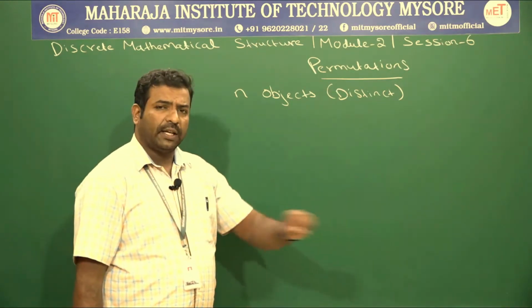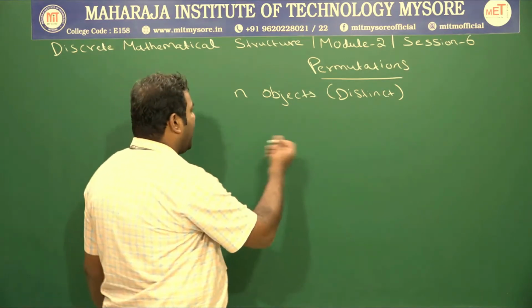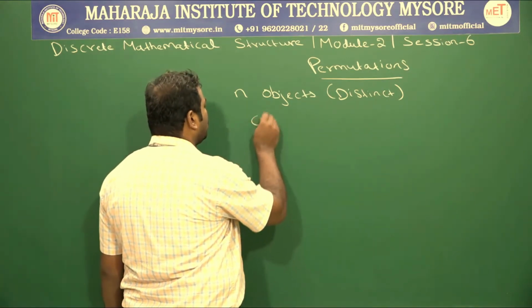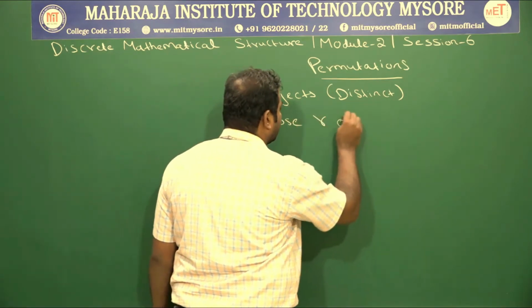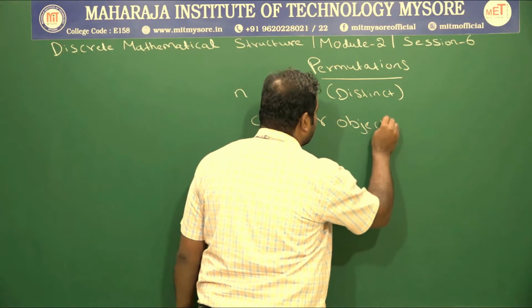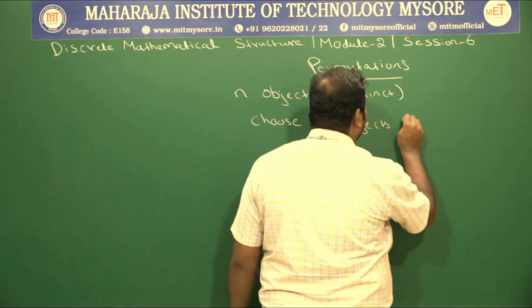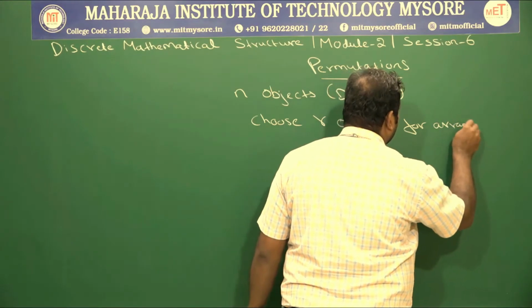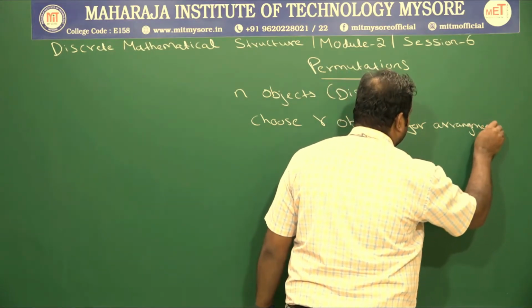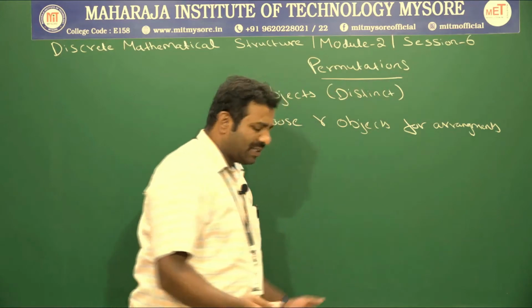Out of these n distinct objects, I need to choose R objects for arrangements. What do I mean?